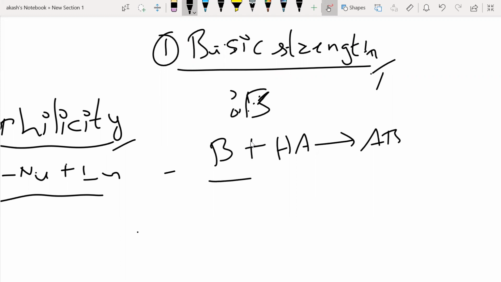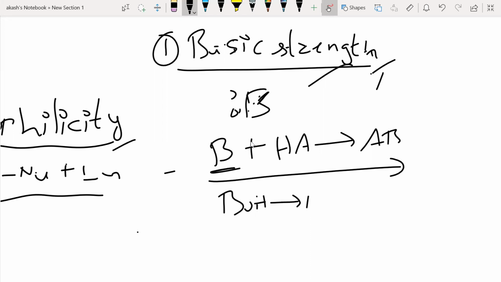So how much this reaction goes on to completion, if I say it's 70% or 80% completed, the more the percentage of completion, the more the basic strength of this base. That's how I call it. Or I can say that if I have BOH, it undergoes dissociation to form B plus and OH minus.